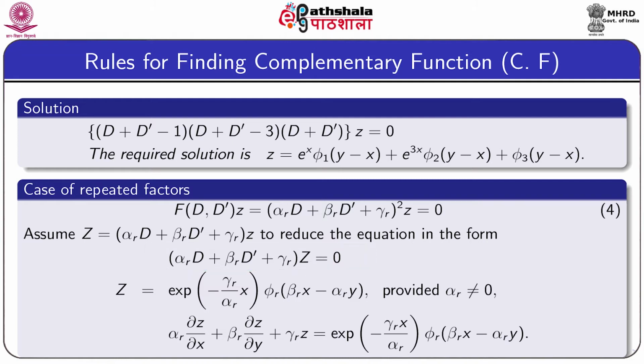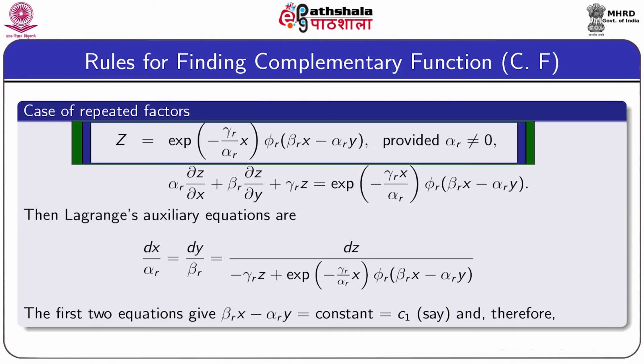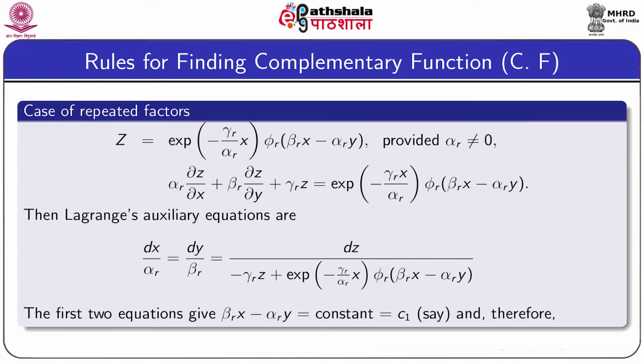Now, Z is our unknown function. So, using the previous theorem, we can find the expression for Z as Z equals exponential of minus gamma r by alpha r x into phi r of beta r x minus alpha r y. We also assume that alpha r is not equal to 0.